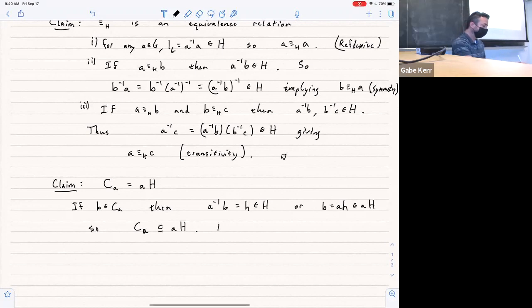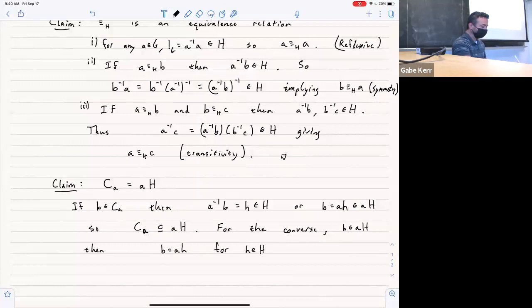And the converse is almost already written, but reverse conclusion, maybe I should say. If B is an element of A H, then B is equal to A times h for some h.